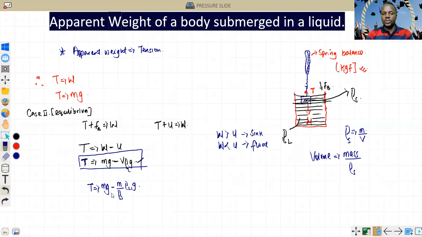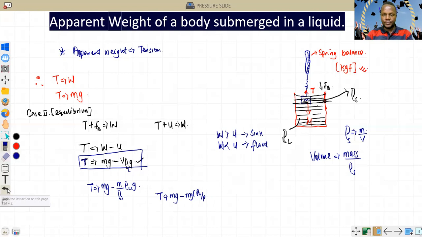From what you might have studied, you can rewrite this equation as tension is equal to mg, please watch, minus, I have m here and g is also here, m times g is going to give me mg. And I have rho L over rho S. I hope you can see this, and I hope you understand how I come about this. And if not, I can quickly take that again for you to see.